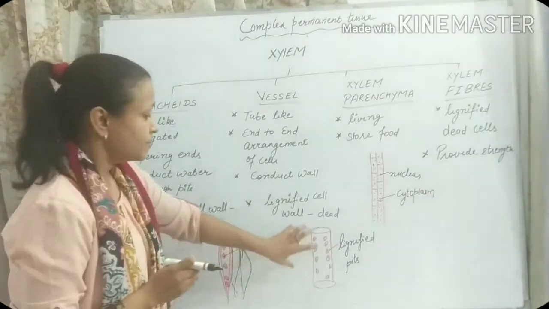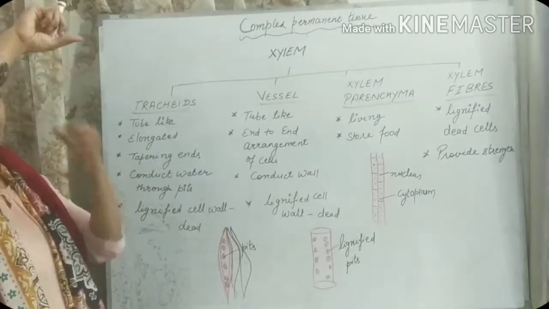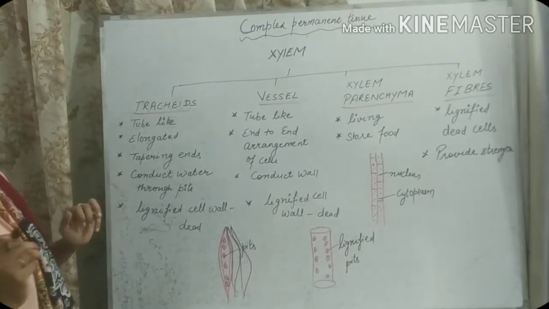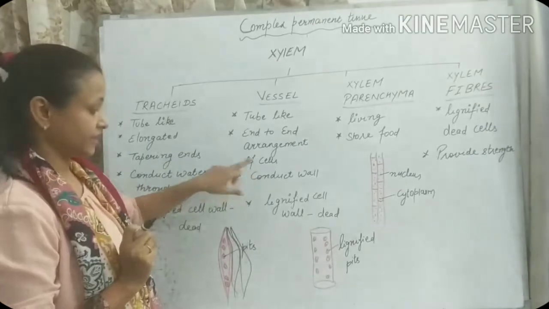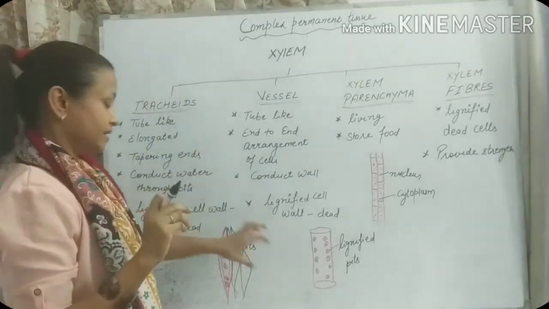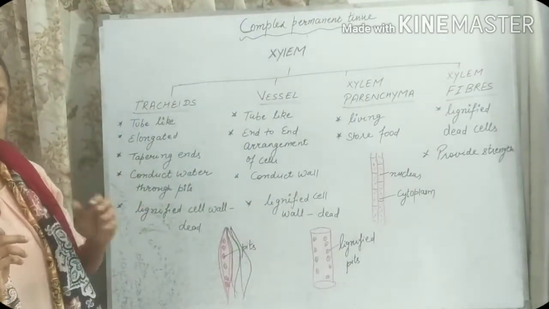Okay, so because of the wide ends, they can arrange end to end, means एक के ऊपर एक arrange होती है, just forming a pipe-like structure. Okay, so end to end arrangement of the cells is present in vessels. एक के ऊपर एक vessels arrange होती हैं, and they conduct the water in the vertical direction.